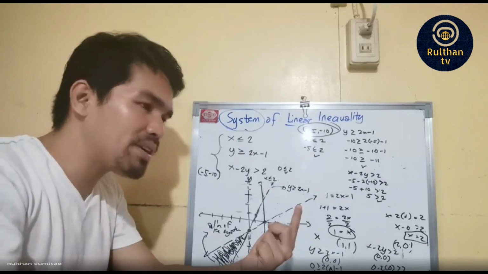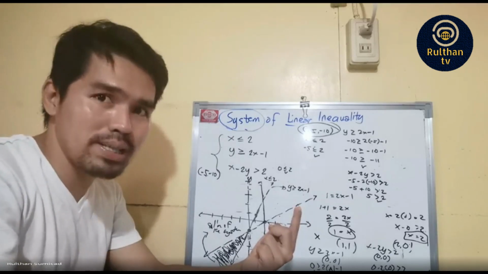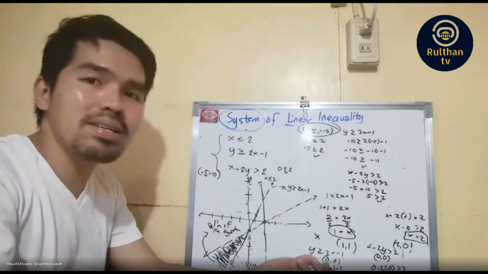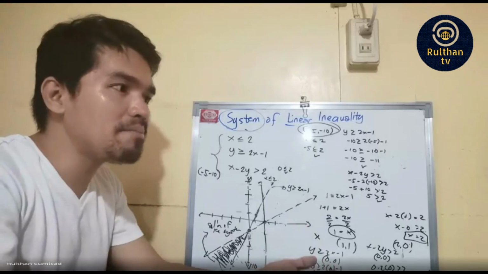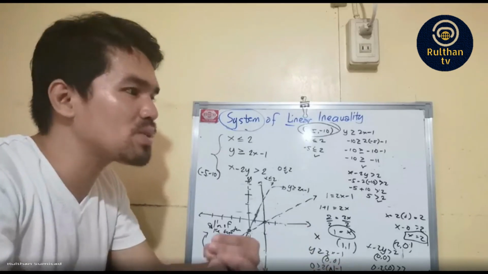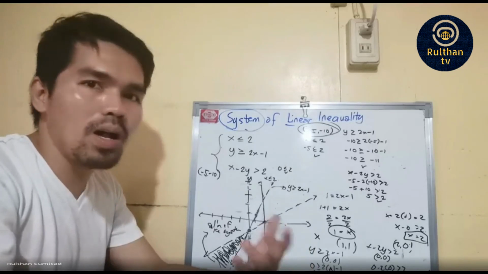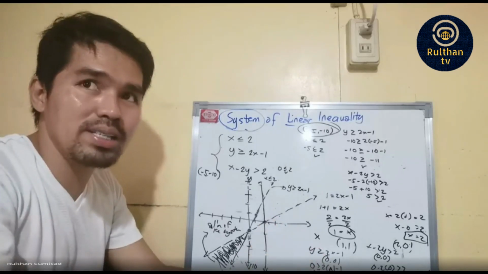Wherever the colliding section is, that is the solution of the system. If we cannot find one, that means the system doesn't have any solution at all. If it doesn't have a solution, it means there is no single ordered pair that will satisfy all the inequalities in your system.